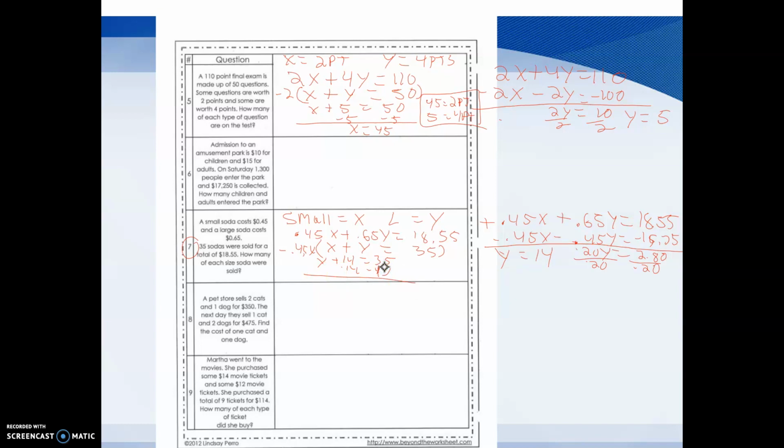So x is going to equal 21. So we have what? 21 small ones, right? And then 14 large ones.